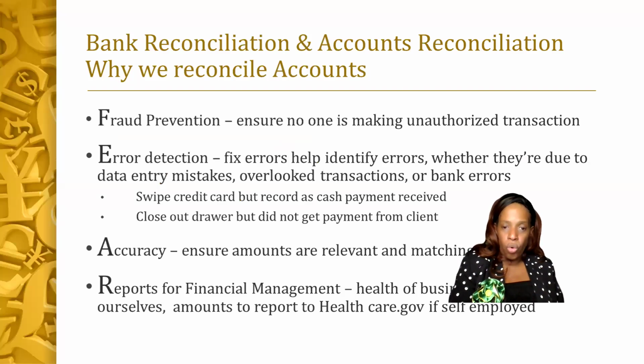And also that we're reporting them as they go along. Sometimes in fraud, we get notifications from the banks that someone has used our account to make a purchase. But what if we don't get a notification? What if it looks normal? What do we do? So again, we reconcile for fraud prevention.